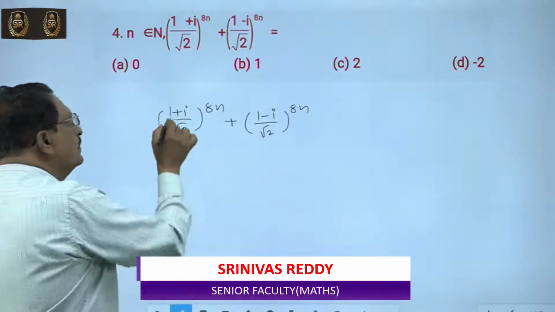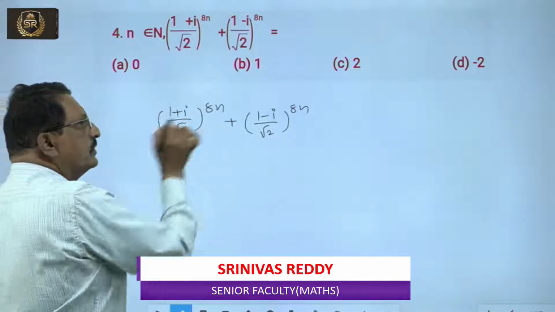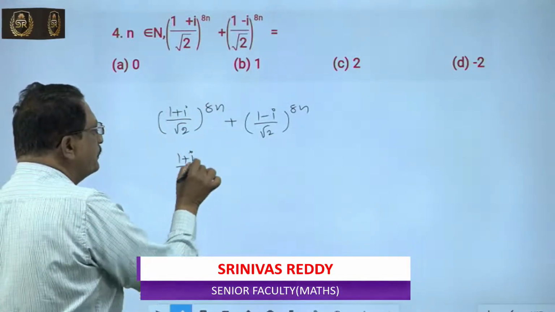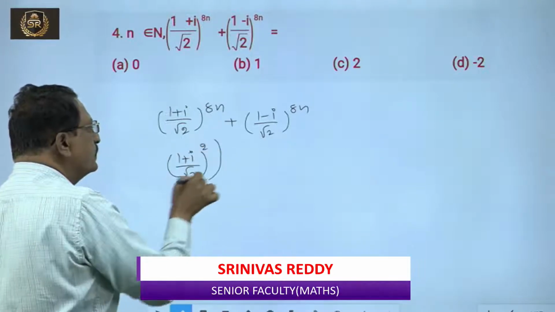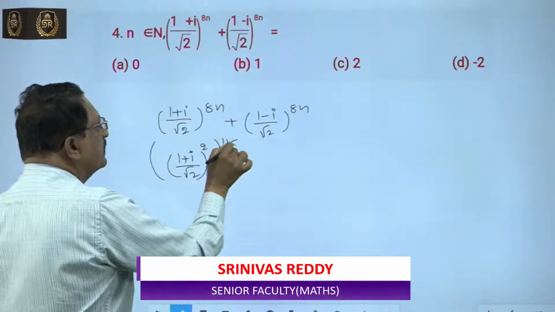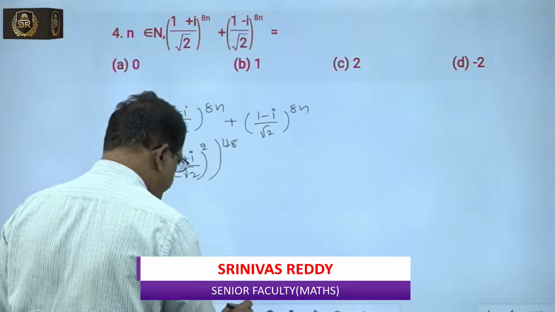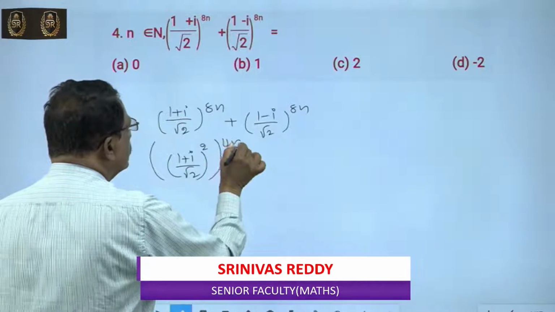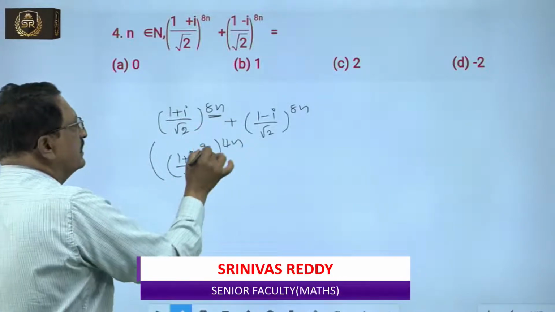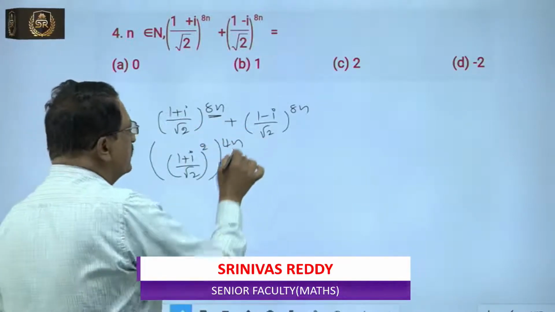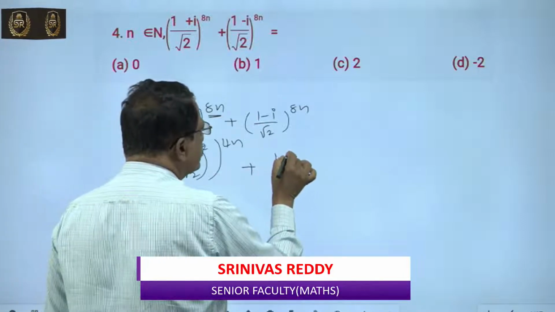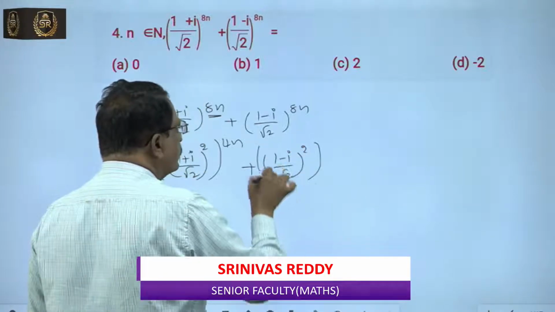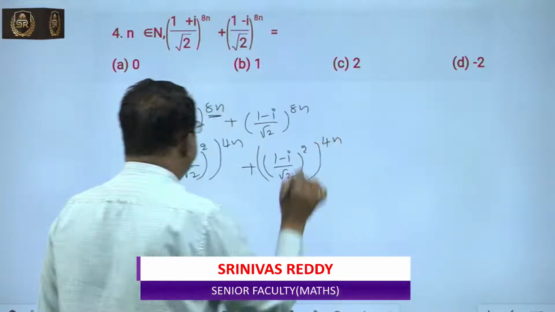Now (1 plus i by root 2) to the power of 8n can be written as ((1 plus i by root 2) whole square) to the power of 4n, because 8n can be written as 2 into 4n. Similarly, the second one, ((1 minus i by root 2) whole square) to the power of 4n.